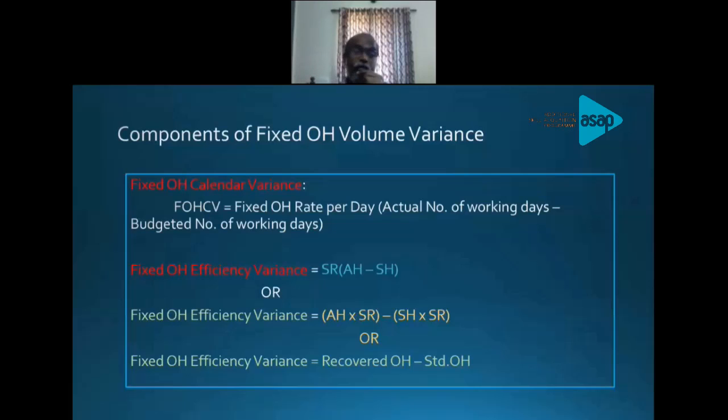Fixed overhead efficiency variance is recovered overhead minus standard overhead. Standard hours into standard rate is standard overhead, and actual hour into standard rate is the recovered overhead. Both are the same, but expressed in different ways. If you understand the concept properly, you can see that all these equations are the same. So recovered overhead minus standard overhead will give you the fixed overhead efficiency variance.